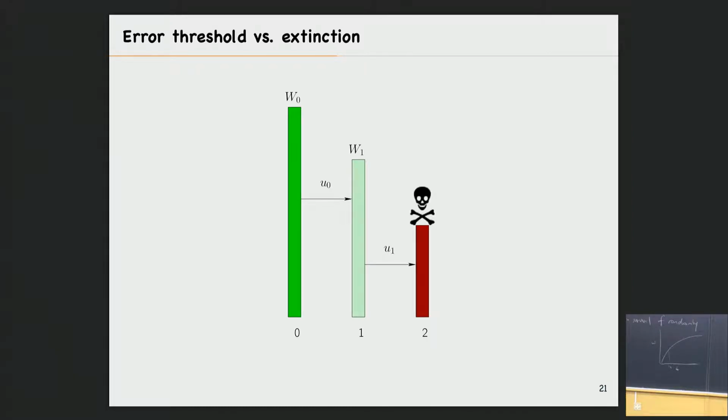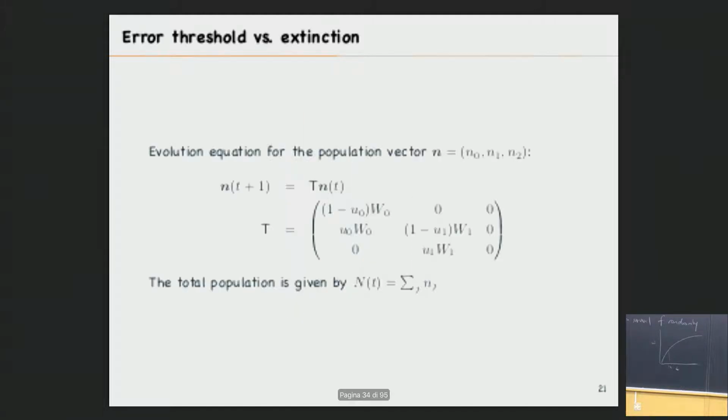It has fitness 0. So this is a very simple model in which we have W0, W1, and U0, U1 as parameters. And here we have to take into account also the fact that W0 and W1 are really the expected number of offspring of individuals of class 0, class 1. So it's not only the ratio that is important.